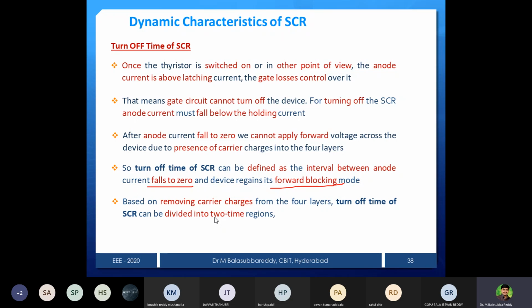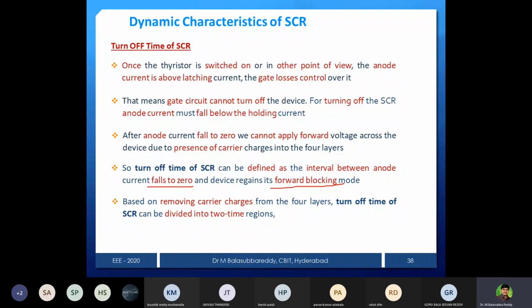Based on removing the carrier charges from the 4 layers, the turn off time of SCR can be divided into 2 intervals. All the 4 layers are filled with charge particles, and I have to remove them. Then only can I say the device is completely off. Like a fan: once the fan is rotating, if you switch it off, why is the fan not at 0 speed the moment you switch it off?